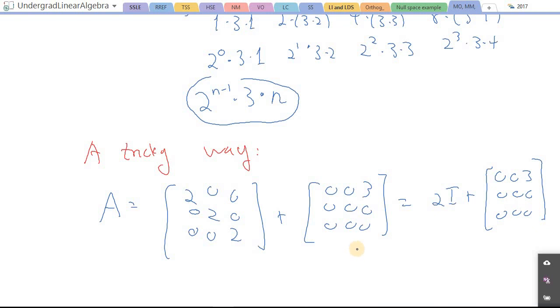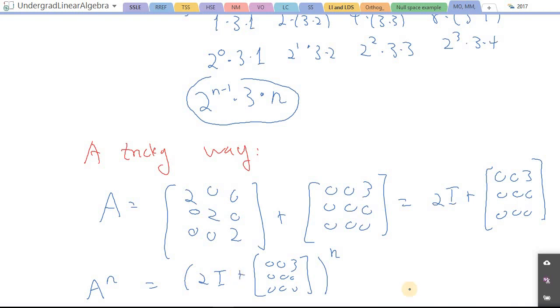Okay. Now if I raise A to the nth power, it's going to be the same thing as this, 2I plus that matrix, and I raise that to the nth power.